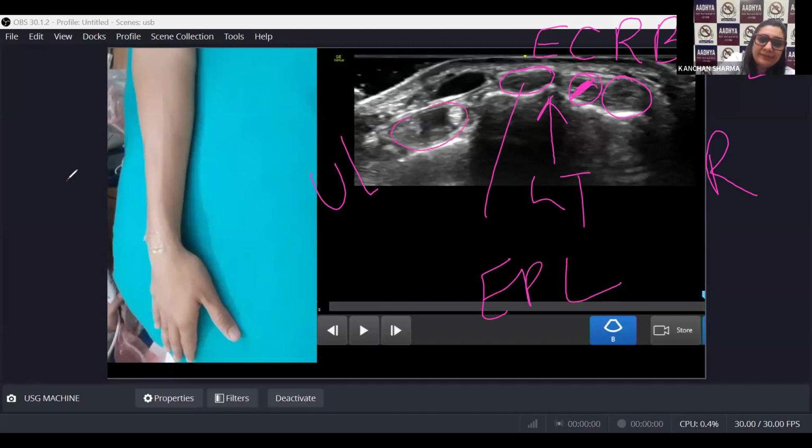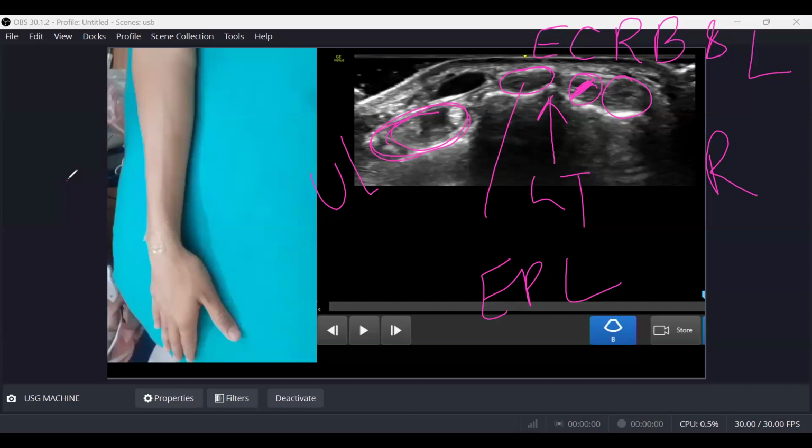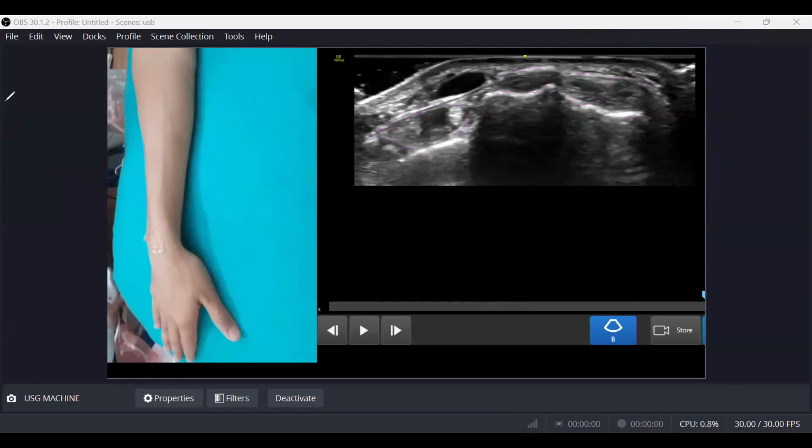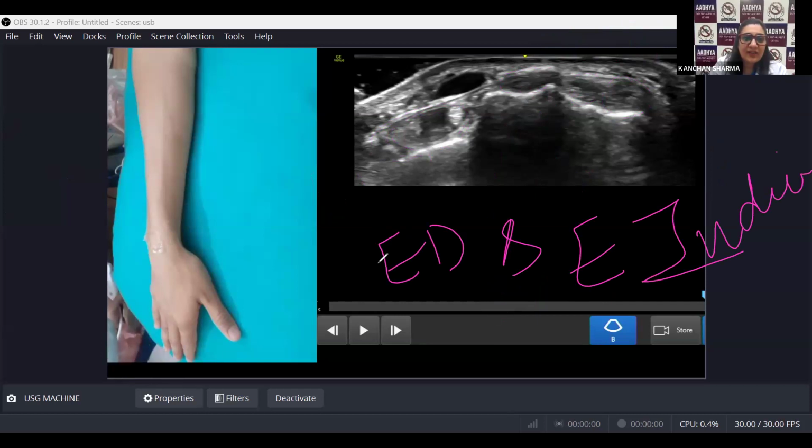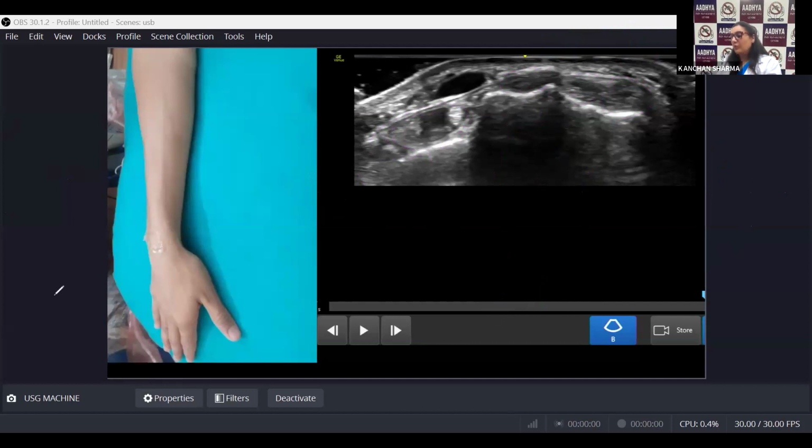What is this? The fourth extensor compartment, which has the extensor digitorum and the small extensor. I've given you the hint. Indicis, or indices, whatever you want to say. Fine. If you know this much, then it becomes easy for us to go from there.